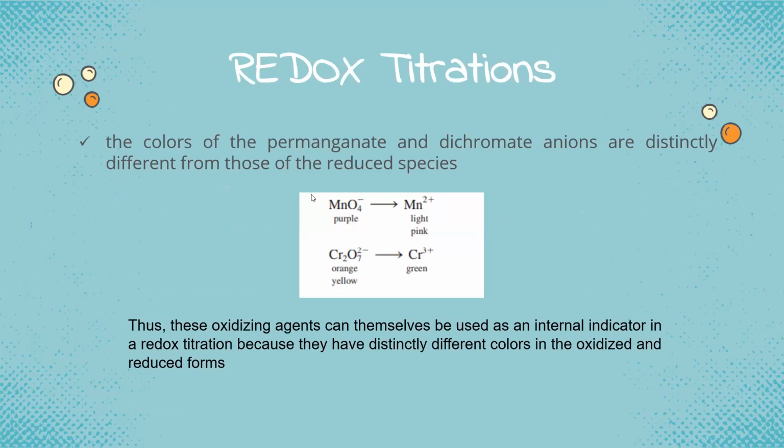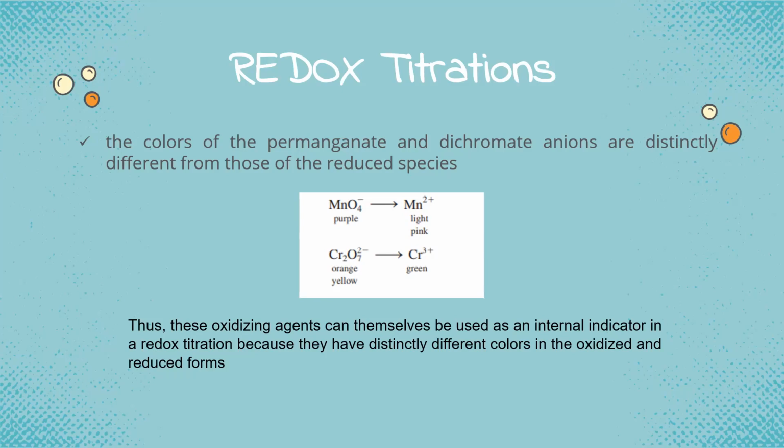So, si potassium permanganate na color violet or purple, pagkatapos ng titration with a reducing agent, magiging light pink na siya. While si potassium dichromate from orange or orange yellow, magiging green na siya. So it's because they are either oxidized or reduced. Okay?